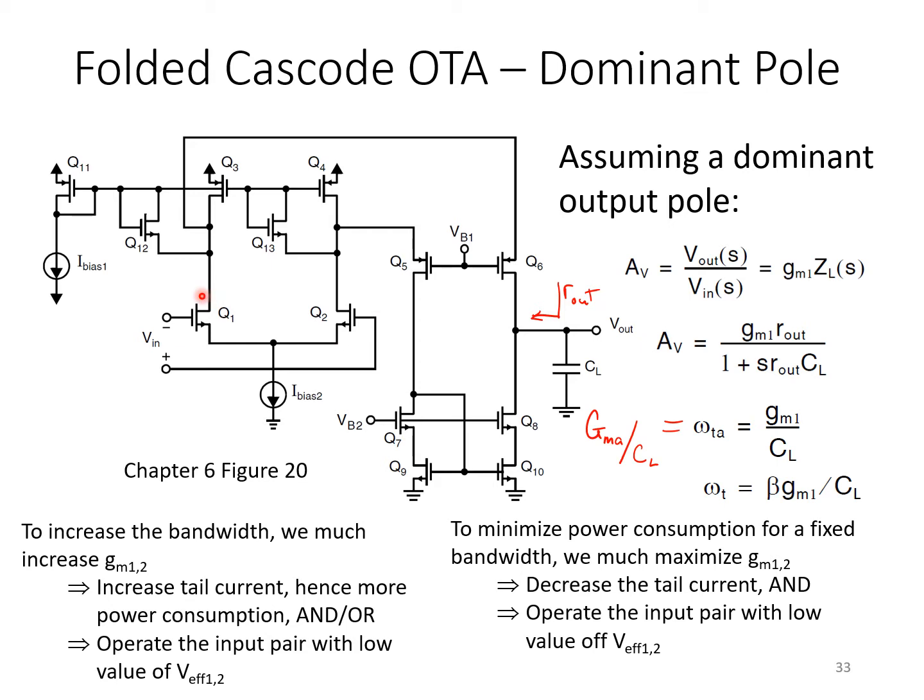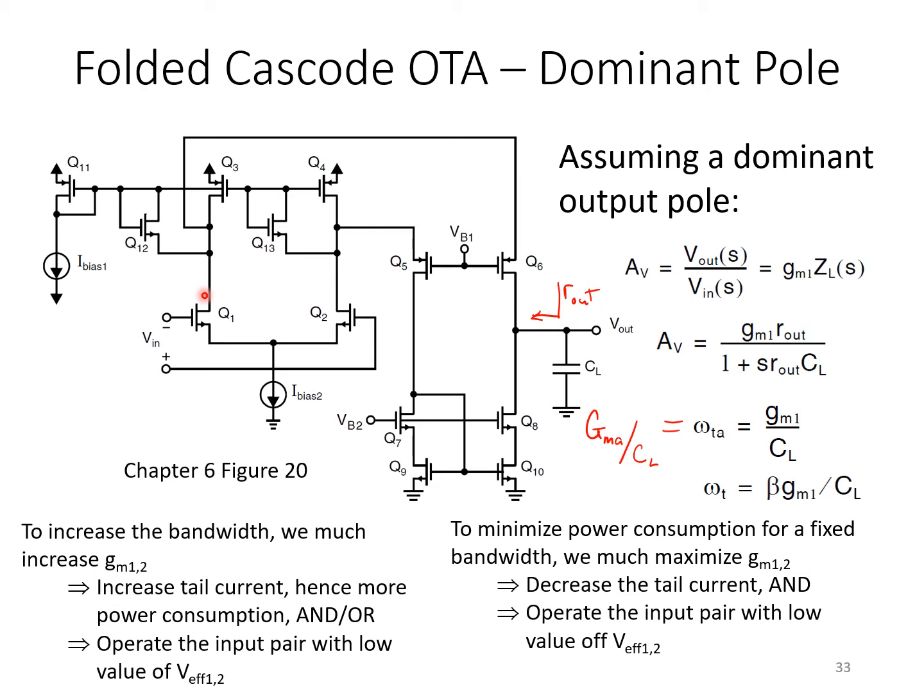So we've already talked about how once these transistors approach subthreshold operation, you get diminishing returns for reducing Veffective even further. Instead, what you see is an explosive increase in the size of these transistors. So a typical choice is to operate these transistors on the verge of subthreshold operation.